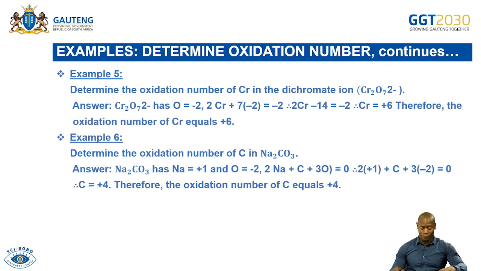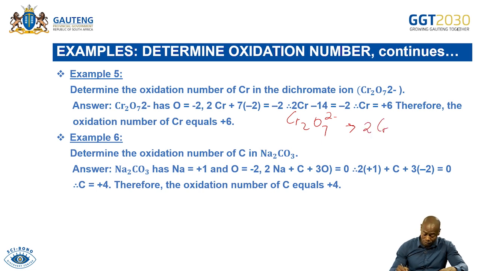Example number 5. Determine the oxidation number of chromium in a dichromate ion. So a dichromate ion is Cr2O7 2 minus. So this is what we are going to get. How many chromium atoms are we having in that dichromate ion? There are 2.